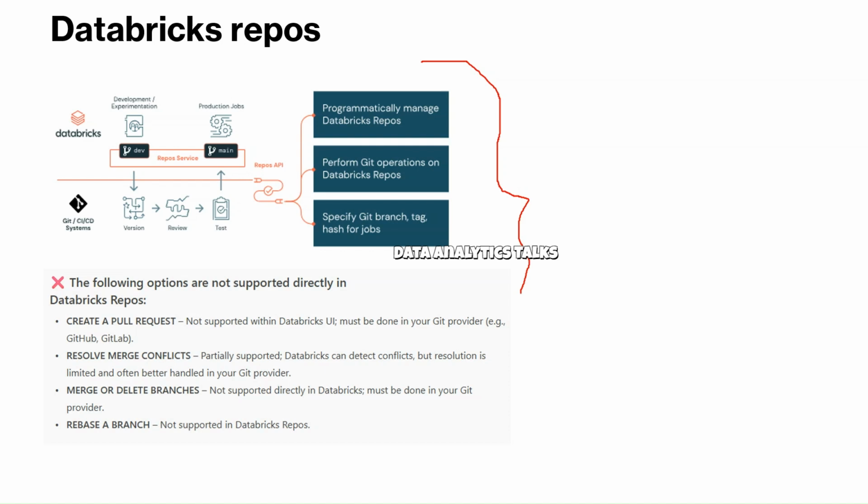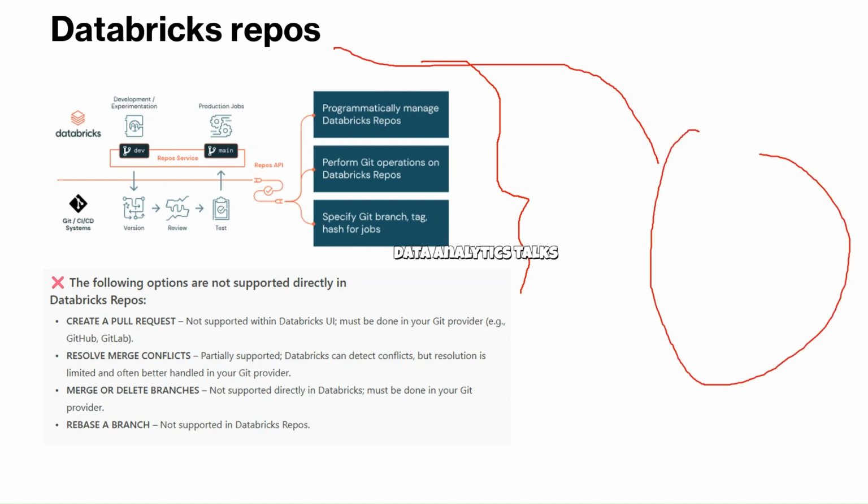You may not be able to merge or delete branches in the Databricks repos, and you cannot rebase the branch. All these are not possible with the Databricks repository. So you have to go to the provider interface and do such activities. So this type of questions are there in the exam.